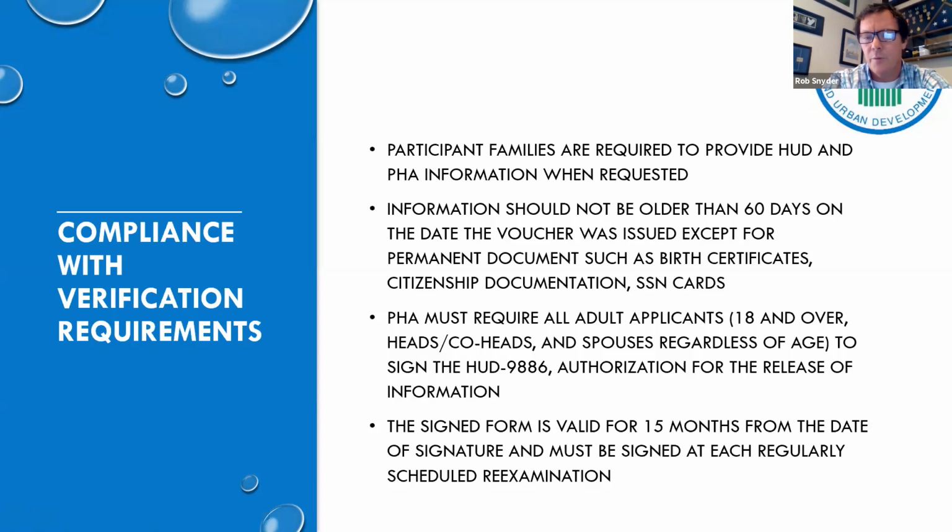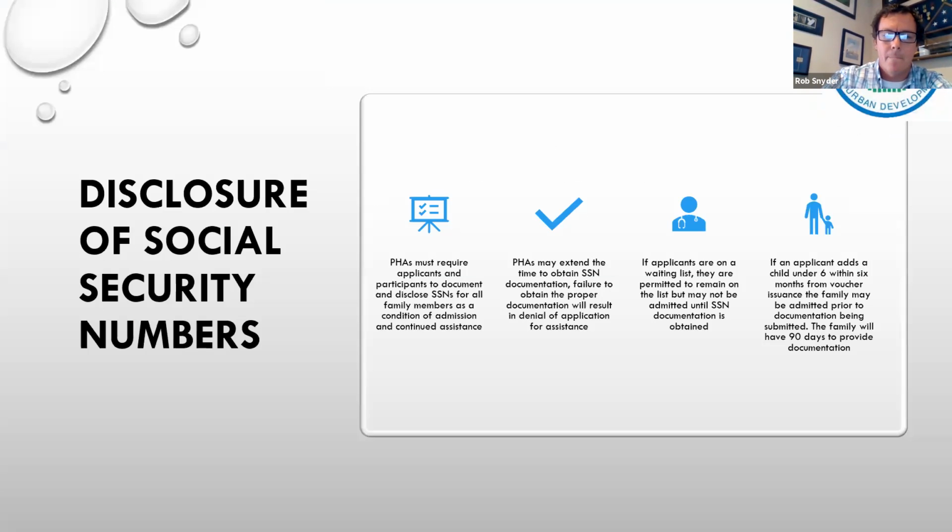Some of those documents will be such as birth certificates and social security cards, et cetera. Again, all adult applicants in a household have to sign the HUD 9886, the authorization for release of information. And those forms are valid for 15 months from the day they're signed.